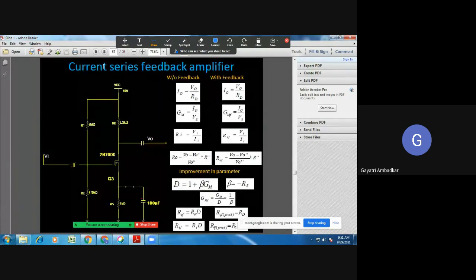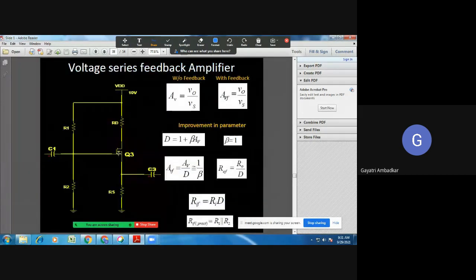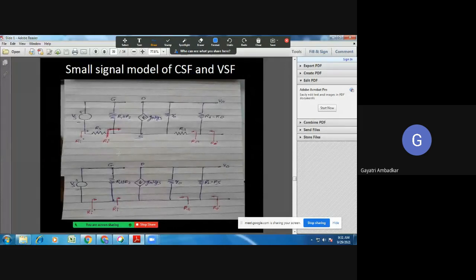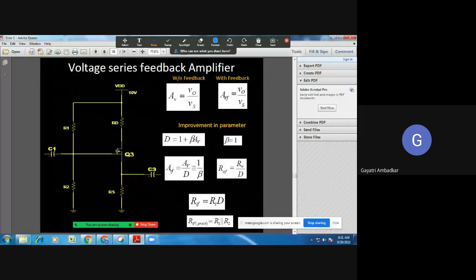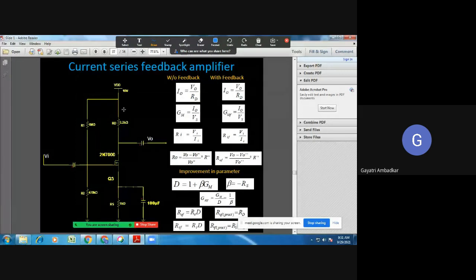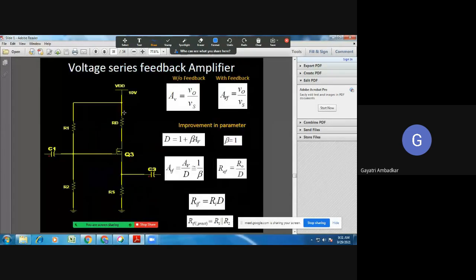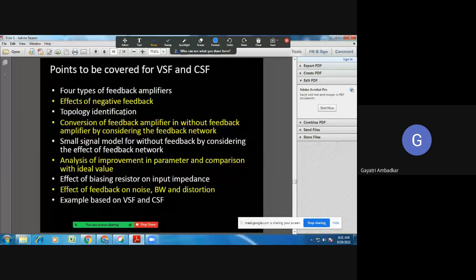Before that, I will give you the example. Now we have seen current series, we have drawn the block diagrams of all types of feedback topology, of all types of negative feedback amplifier. Okay, so let's see how, if I want to build a circuit, how will it look?